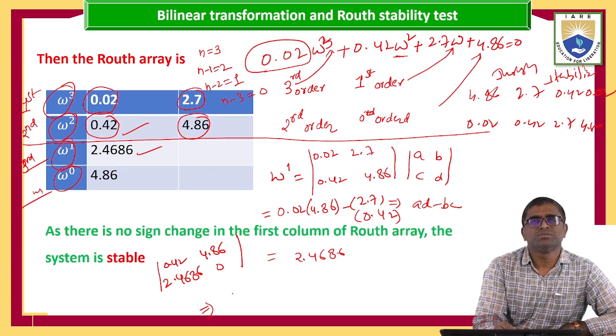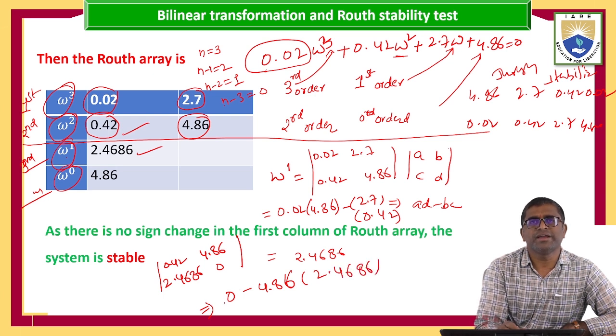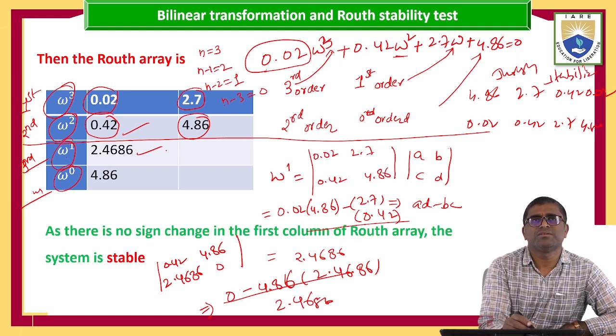What is the value? AD equals 0, minus BC equals 4.86 into 2.4686, divided by the C value, that is 2.4686. Here also, I have not mentioned it directly; you have to divide by this value, 0.42.